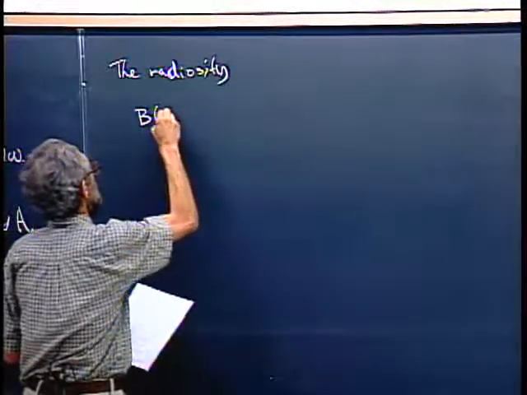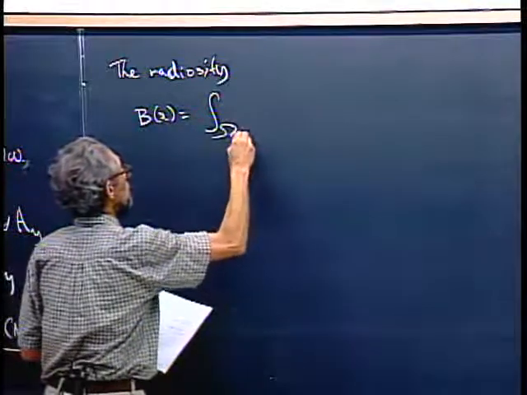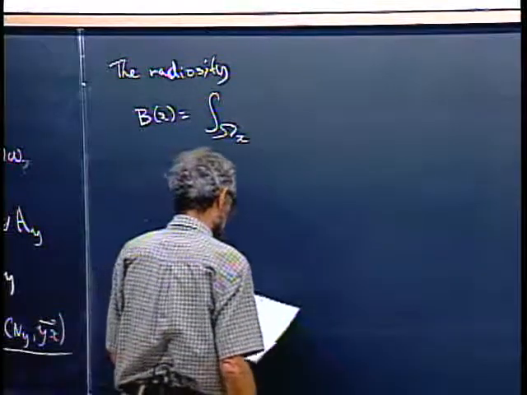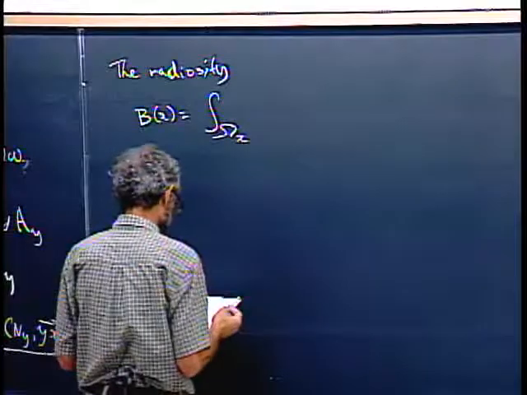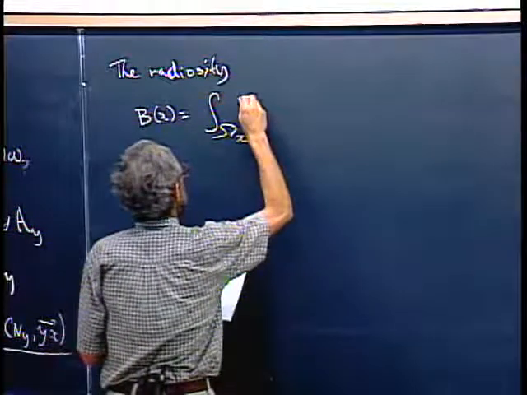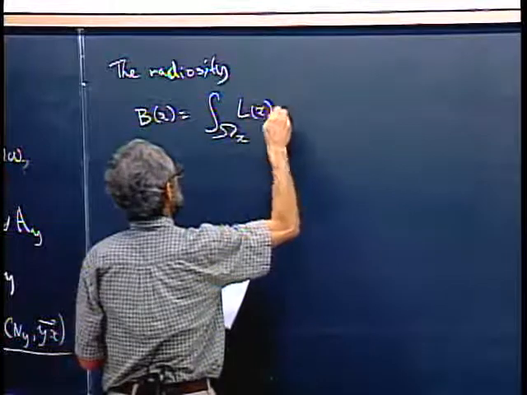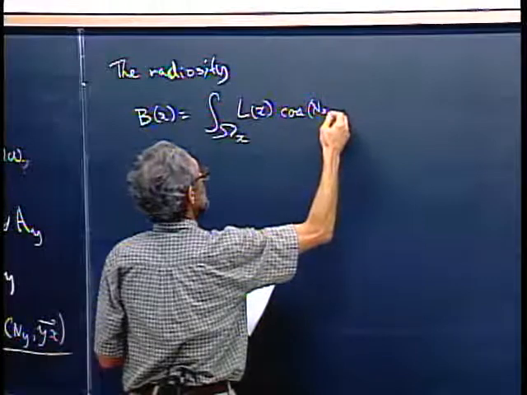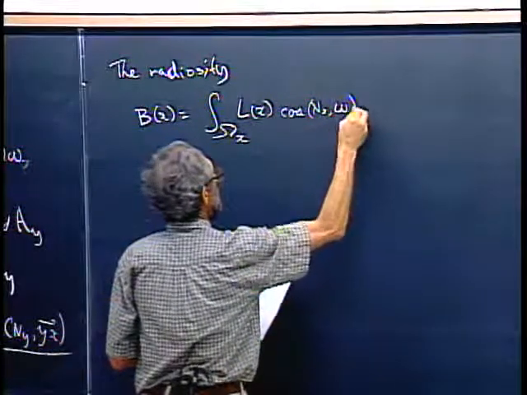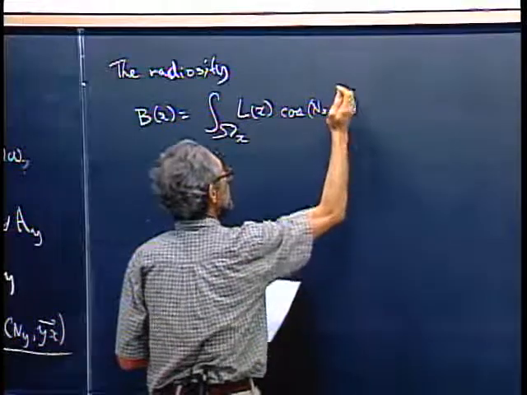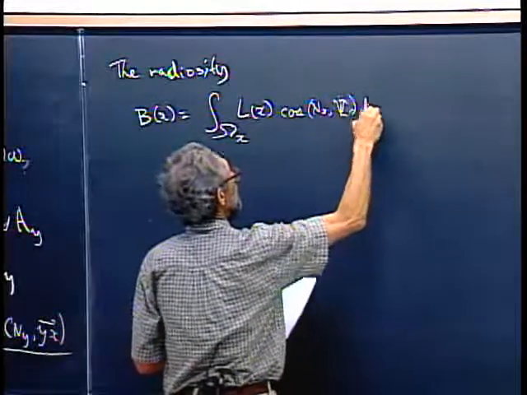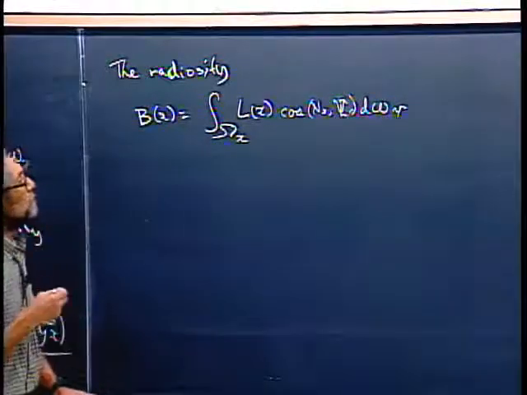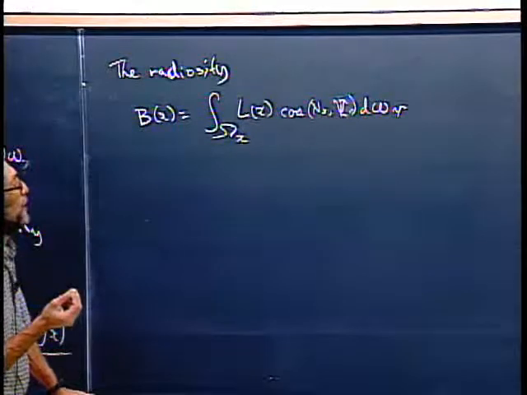So B, the radiosity of x, equals the integral over the hemisphere above x of L_x, and we have to have that cosine of n_x, d omega of psi. So that's the total flux leaving per unit area.